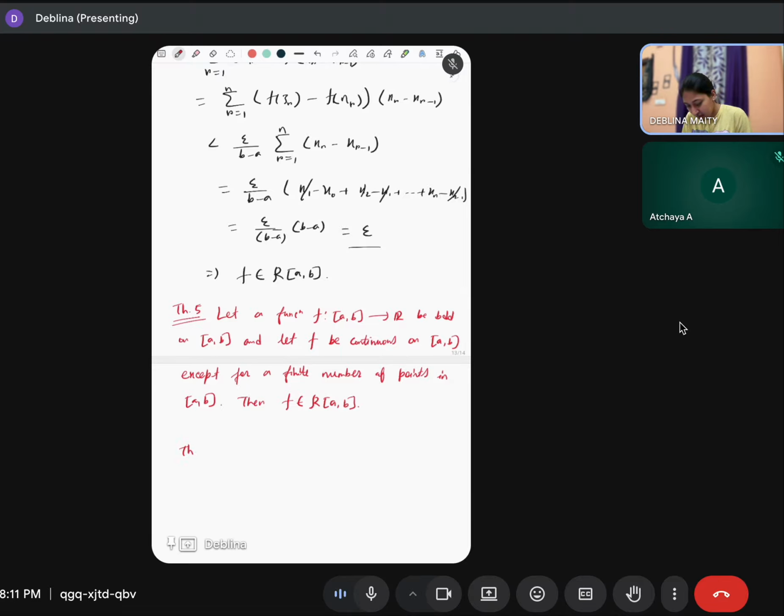And there is another theorem: what happens if f is continuous except for an infinite number of points?